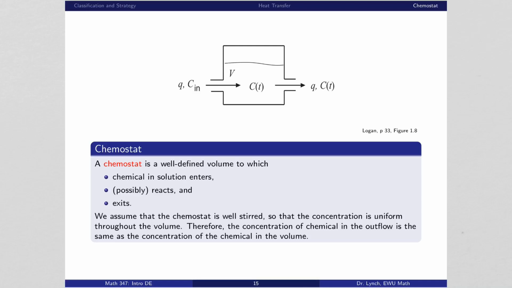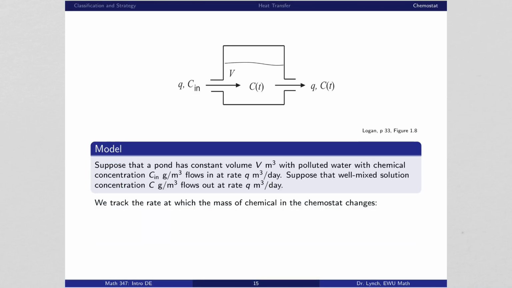Okay, so the idea here is that that chemical enters at some flow rate Q and some concentration C_in. Possibly there's a reaction, and then the concentration leaving the tank is the same as the concentration throughout the tank. Okay, so again, that's the well-stirred assumption that the concentration leaving the tank is the concentration throughout the tank. So we can derive a differential equation for this model by asking ourselves how the mass of chemical in the chemostat changes.